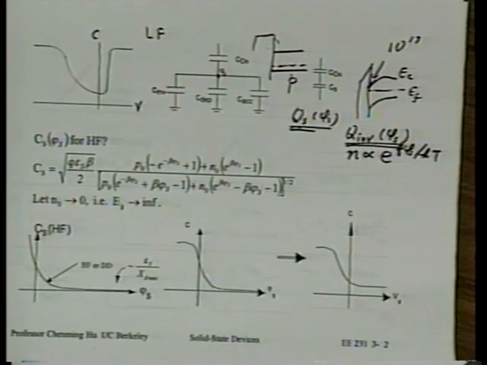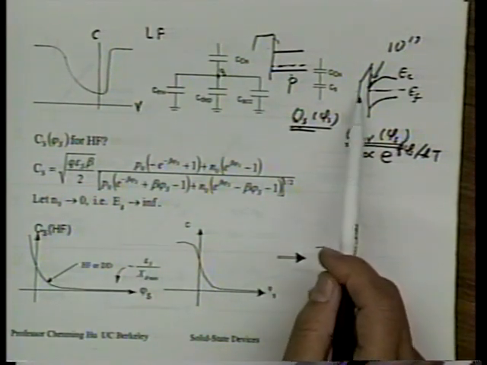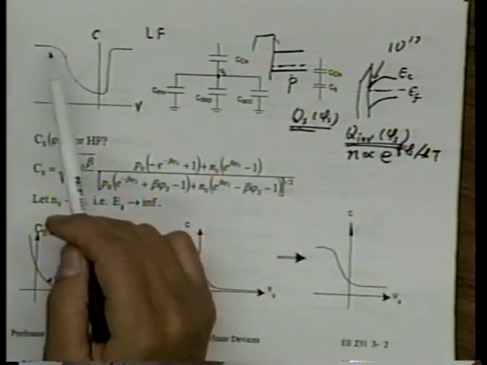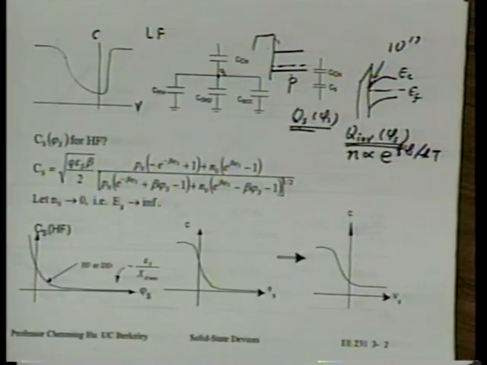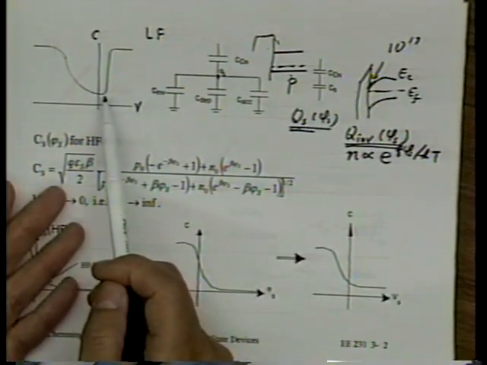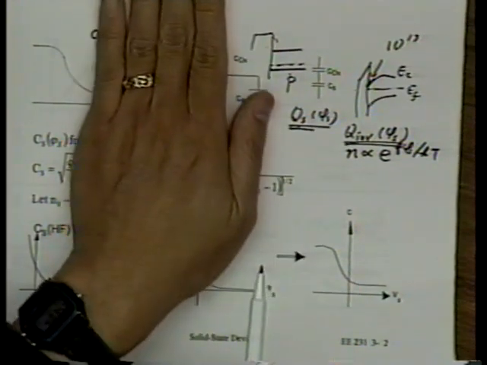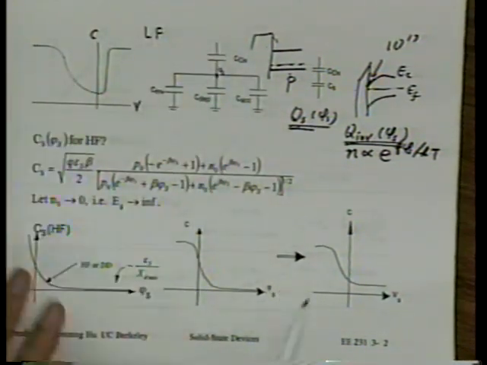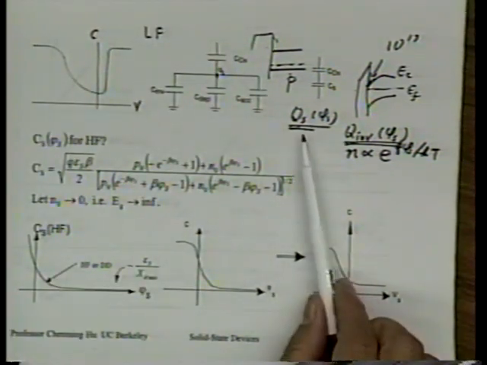And that's why if we apply 1 megahertz as the AC signal, we do not expect to find this CV curve. Instead, we find a deviation in the inversion layer. In the accumulation layer and depletion layer, there's no problem. This equation is valid.